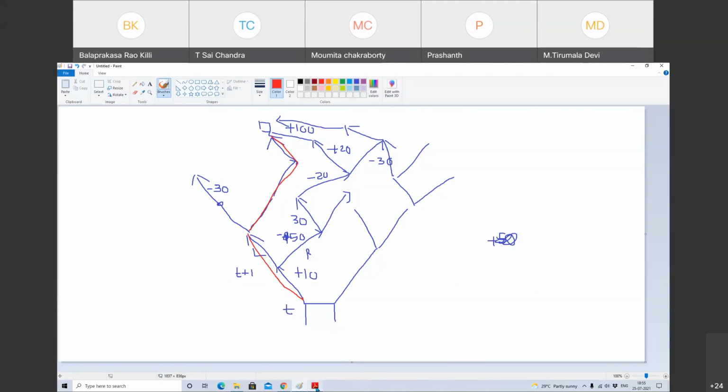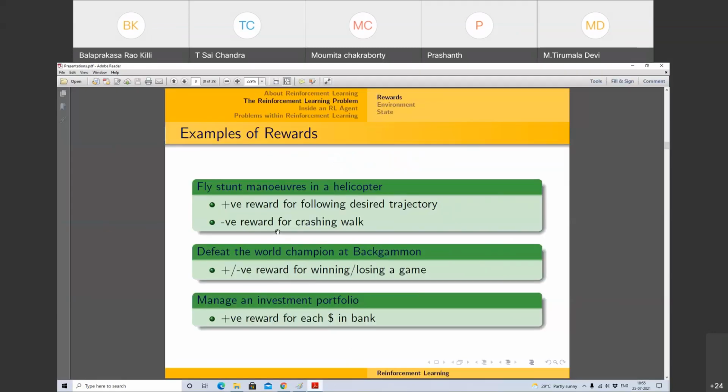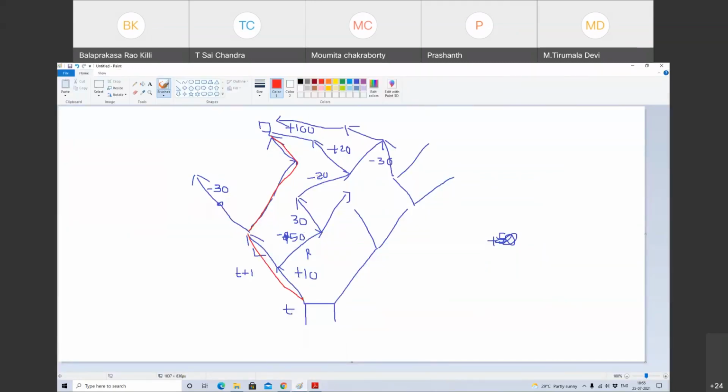Now what we are doing is giving some positive reward when it is following the trajectory. You leave aside all these values, assume that these are not correct values. As long as it is following the trajectory, when it moves left here, we give some positive reward, let us say plus 10.